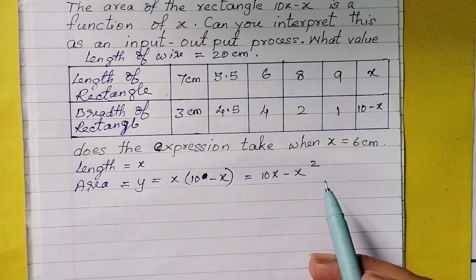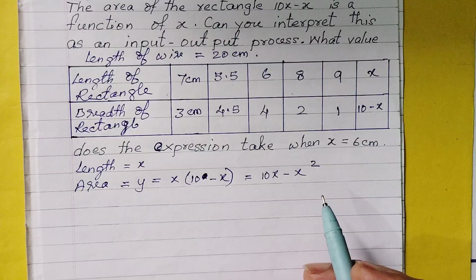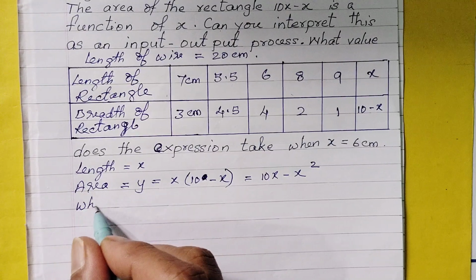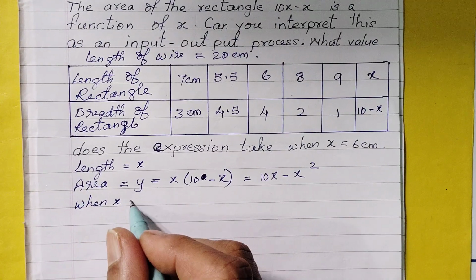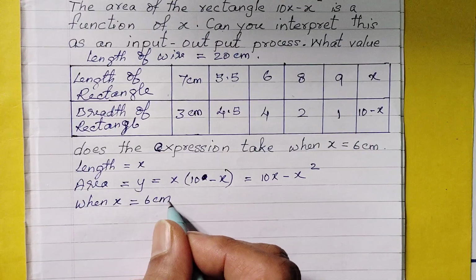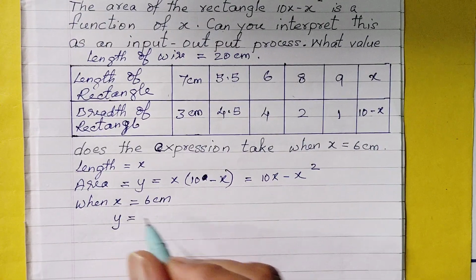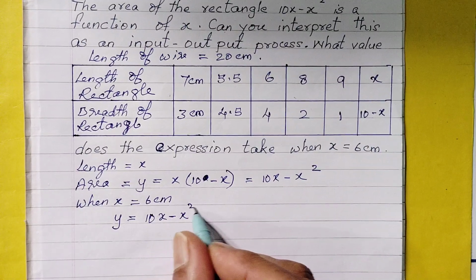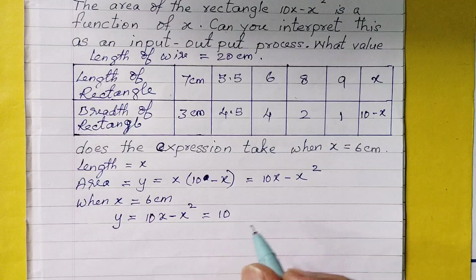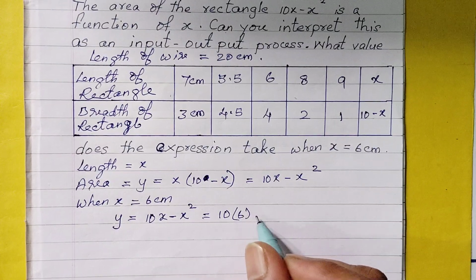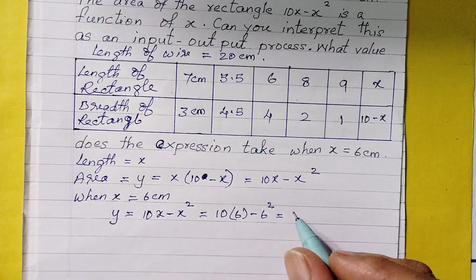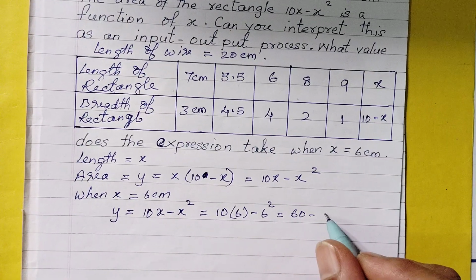Now they are asking, what value does the expression take when x is equal to 6 centimeters? So when x is equal to 6 centimeters, y will be equal to 10x minus x square, that's equal to 10 into 6 minus 6 square, that's equal to 60 minus 36.